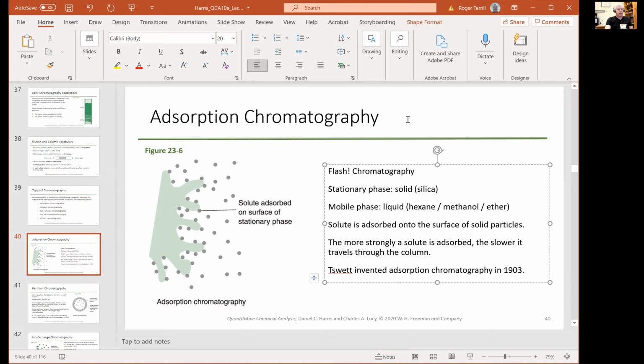And flash, or silica-based adsorption, is used mainly for highly polar molecules, and for preparative purposes often.